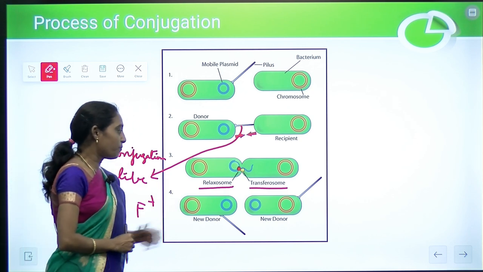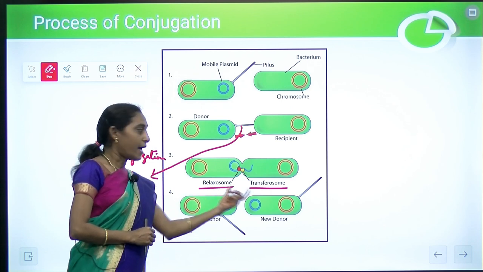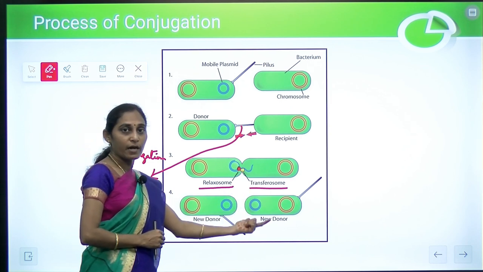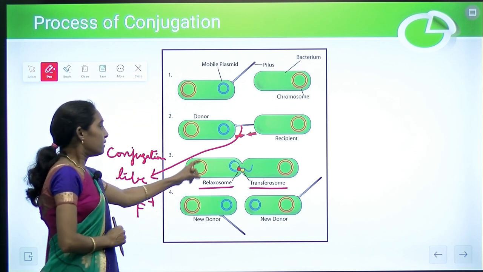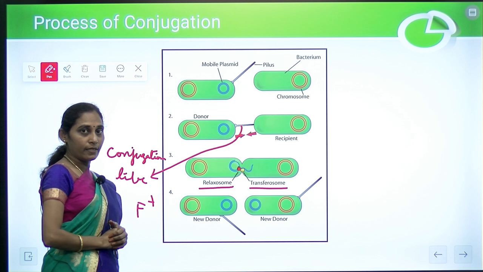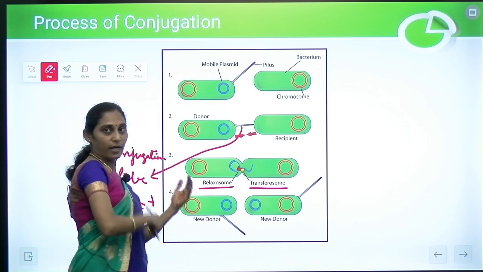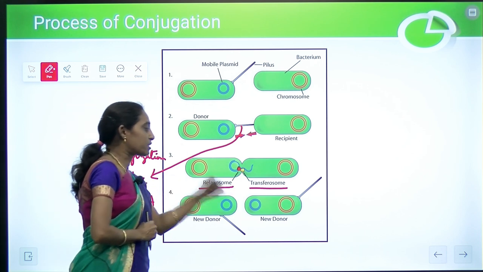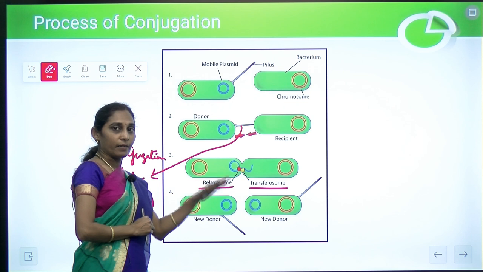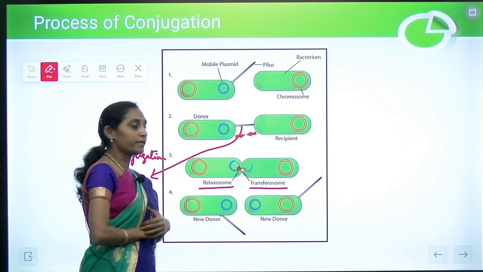In the last step, you can see clearly both the donor and the recipient become F plus. That means the donor bacterial cell replicates the strand which has been transferred to the recipient, and the recipient bacterial cell starts synthesizing the complementary strand.